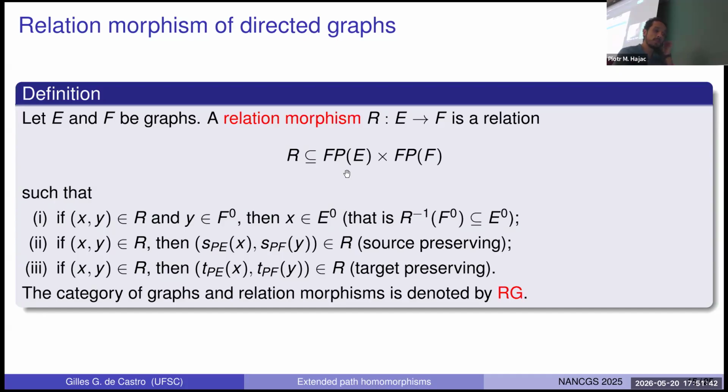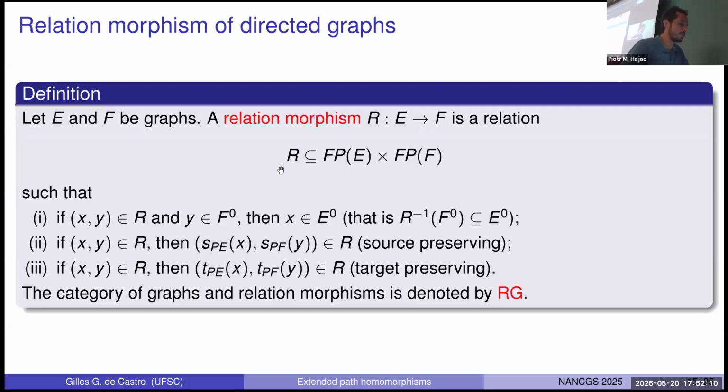So we have a relation between the set of paths of E and the set of paths of F. Again, we are asking that vertices are preserved in the preimage. So we never have a vertex in the second coordinate unless the first coordinate is also a vertex. And we also want the relation to preserve the source and target of paths.